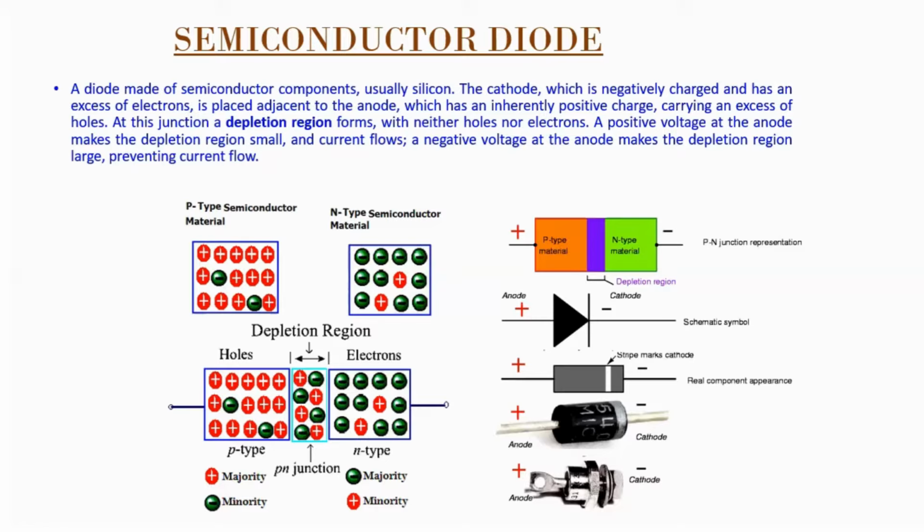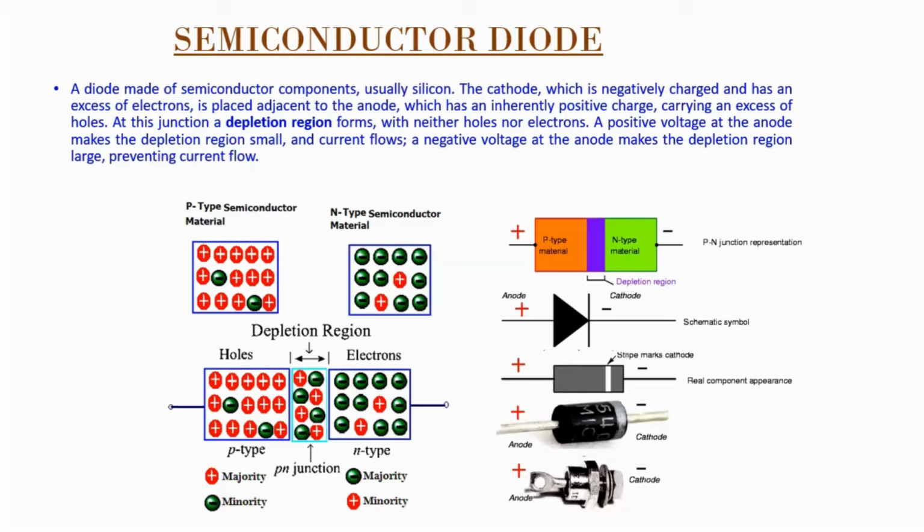Whenever we talk about semiconductor material, it is divided into two types: P-type material and N-type material. In N-type material, you will mostly have electrons. In P-type material, it is positively charged, or rather we can say holes will be present.